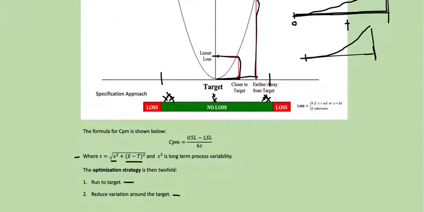The difference again is that specification says run within the spec, anywhere in between this range is perfectly fine, there's no loss anywhere in here. The loss function says there's just a target range, and the farther away we get from that target, the worse things are going to be. That's the basic rundown of the loss function.